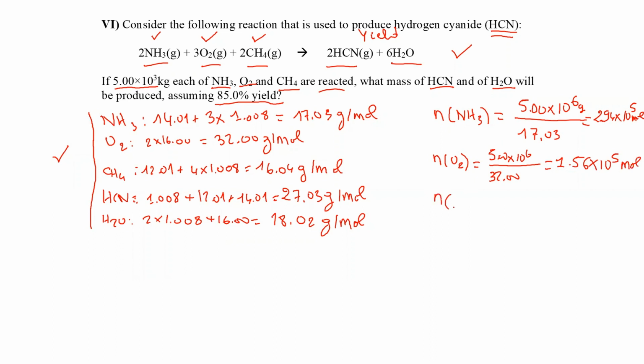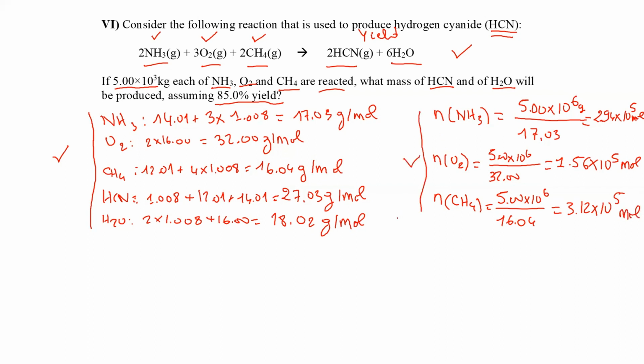And the number of moles for methane, same mass, 5.00 times 10 to the power 6 divided by the molar mass of methane, 16.04. And this is equal to 3.12 times 10 to the power 5 mole. So we have the number of moles of each of our reactants.